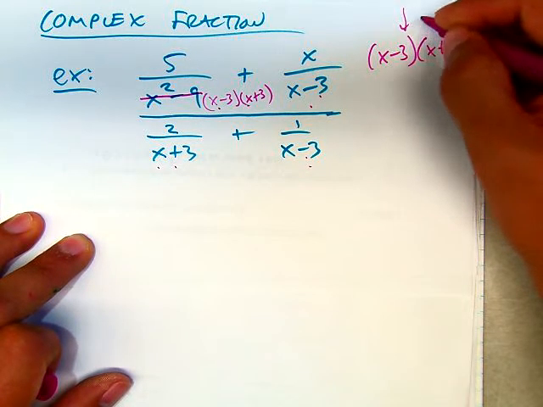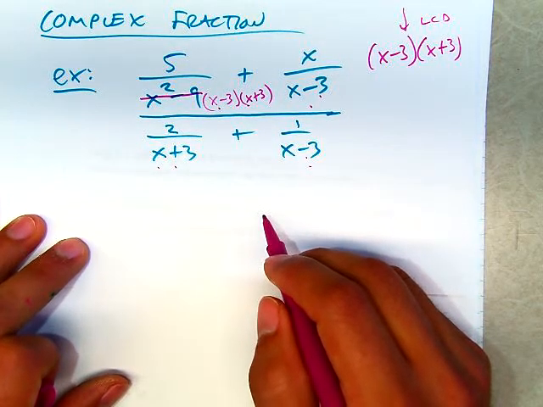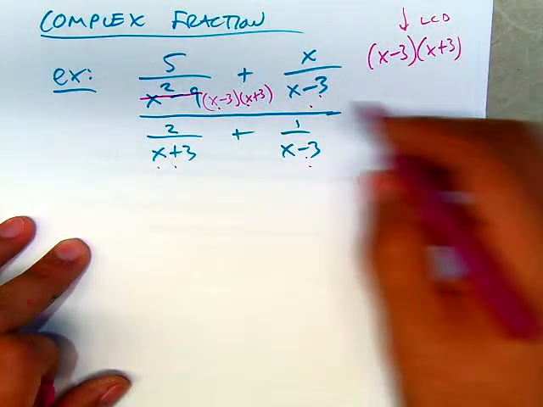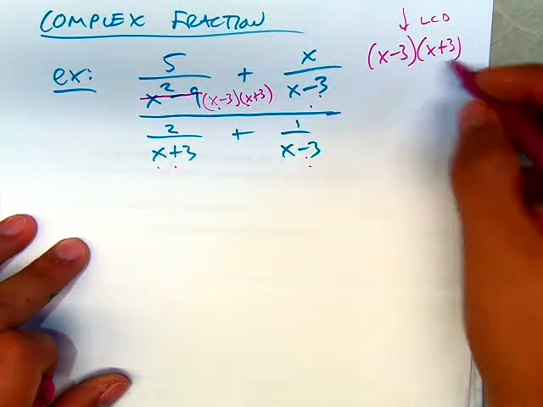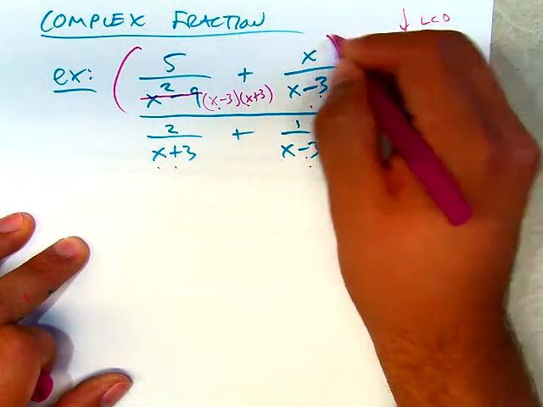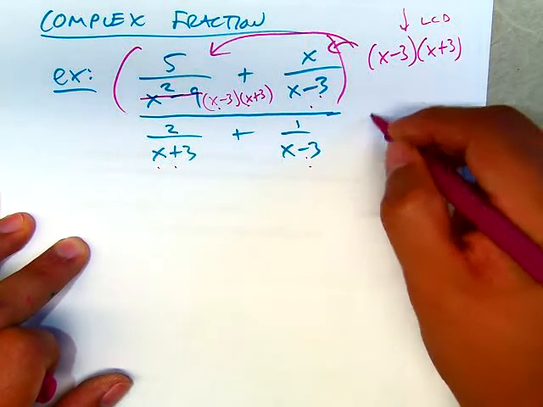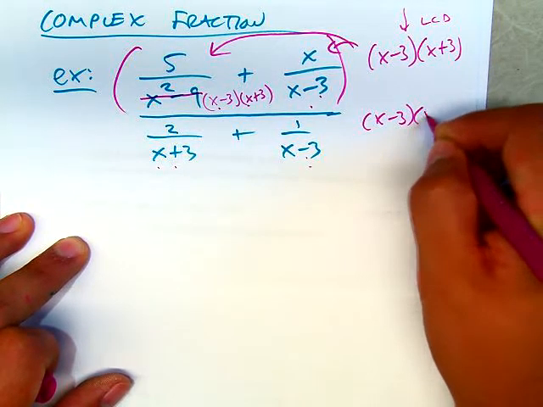This is actually the least common denominator of all 4 of the little ones. And the easiest way to simplify this is to take this least common denominator, multiply it to the numerator, so distribute it to the top, and also to the denominator.